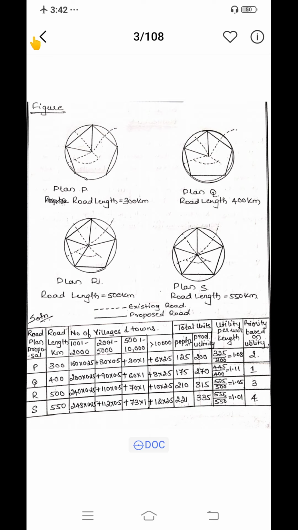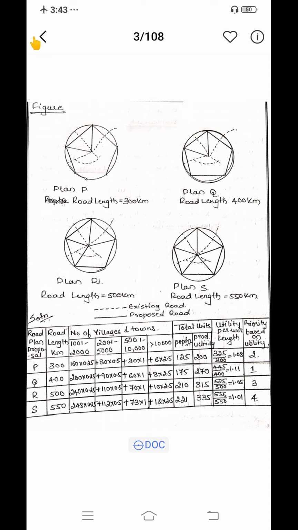Between 1000 to 2000 there are 200 villages with utility factor 0.25, plus within 2000 to 5000 there are 90 villages with utility unit 0.5, and between 5000 to 10,000 there are 60 with utility unit 1, and above 10,000 there are 8 villages with utility factor 2.5.